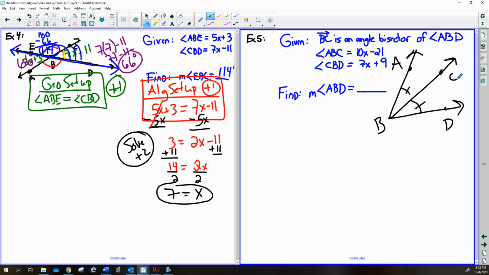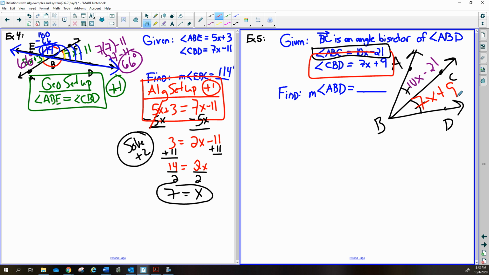Now, as I put the information in the picture, I was given that ABC is 10x minus 21, so in the picture I'll put 10x minus 21 in for the angle. CBD, this angle right over here, is 7x plus 9.